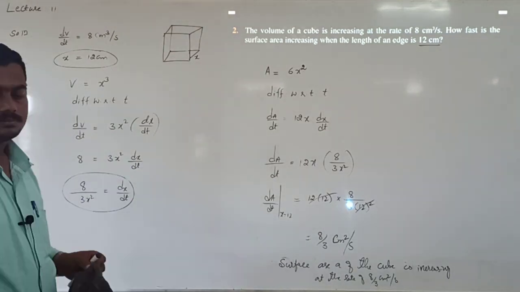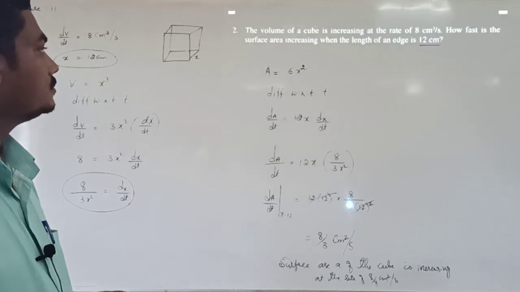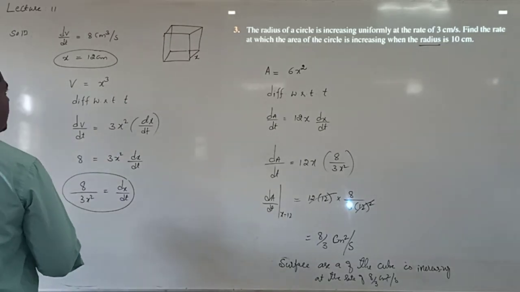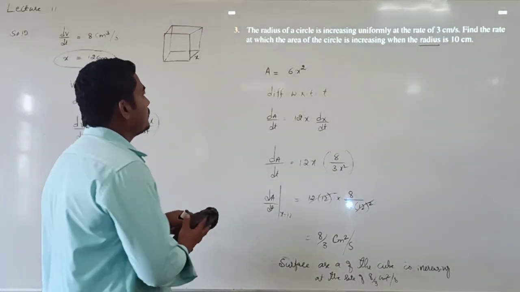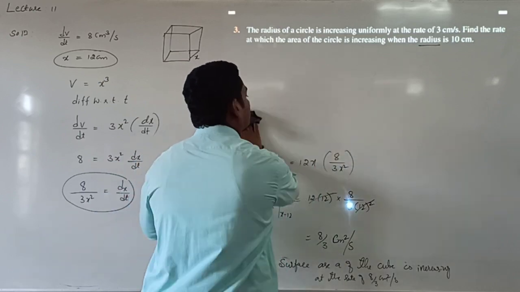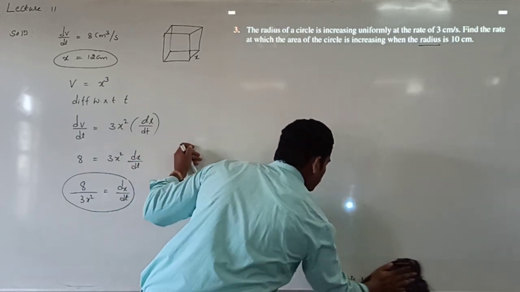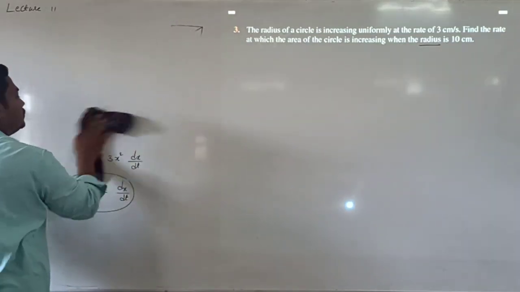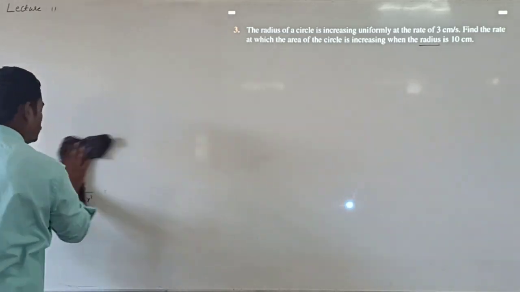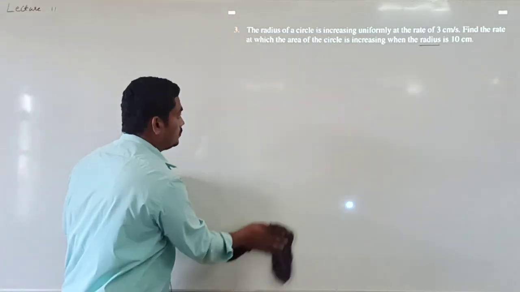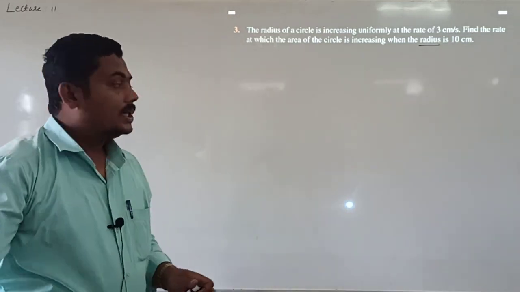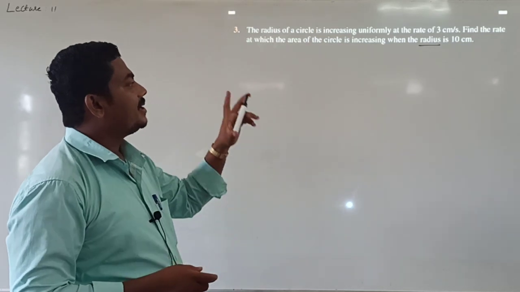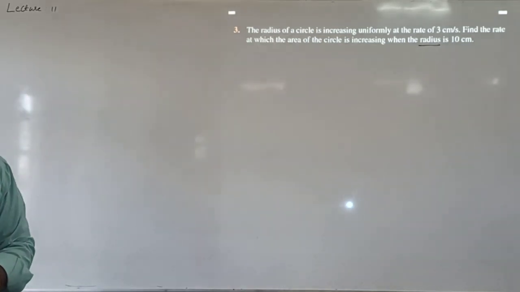Next, question in your exercise, third question. The radius of a circle is increasing uniformly at the rate of 3 centimeter per second.